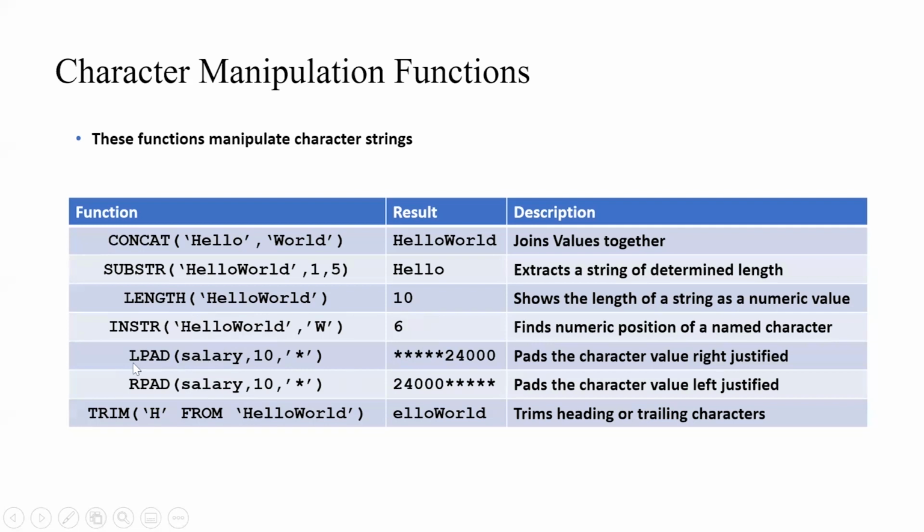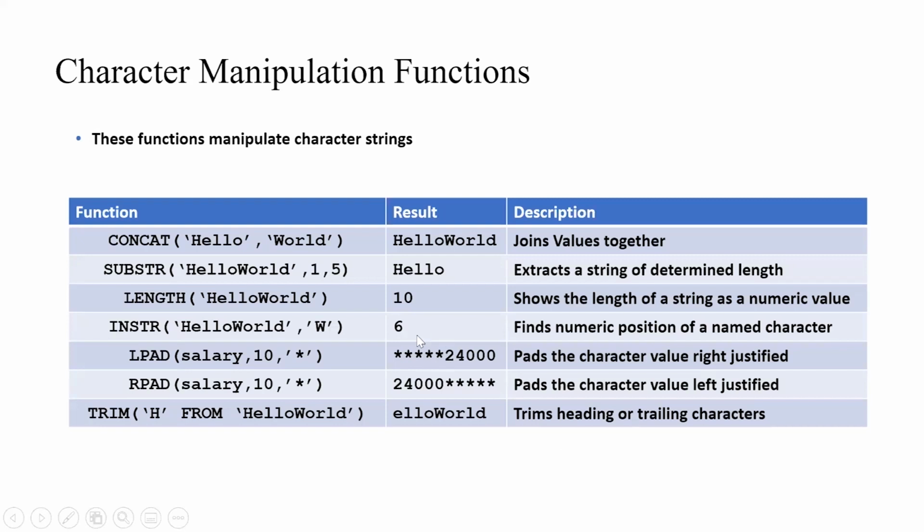LPAD and RPAD pad or fill the empty positions. For example, you have salary. Some people earn in 5 figures, some people earn in 6 figures. If someone is earning in 5 figures, I don't want to show a blank space there. Instead, I just want to cover it up with a star.